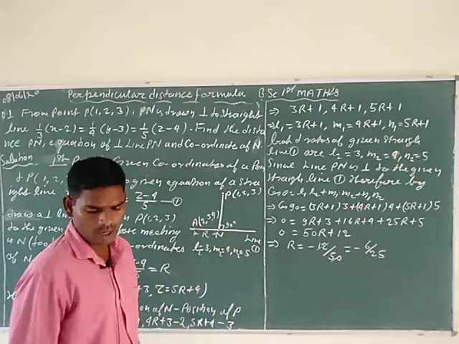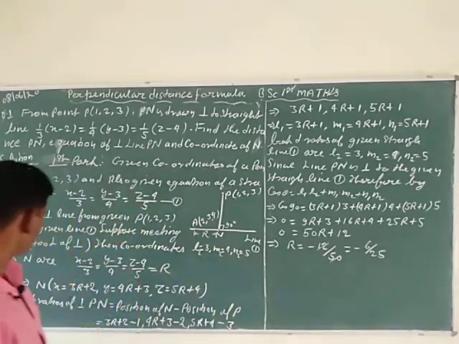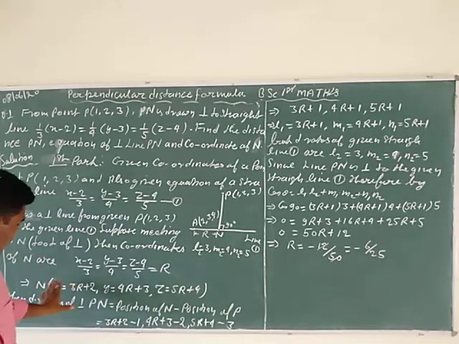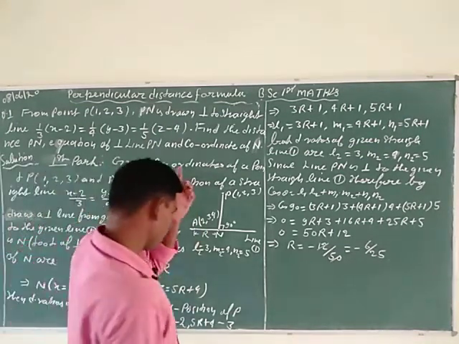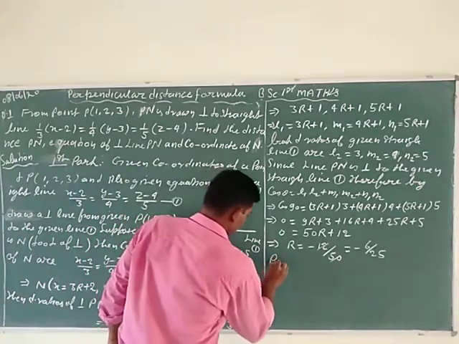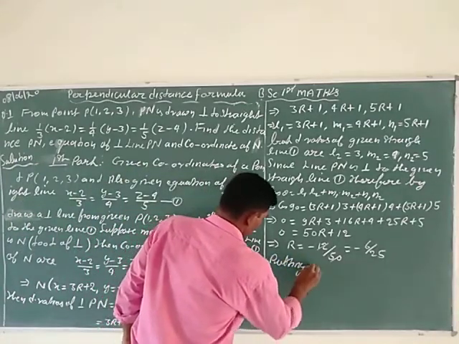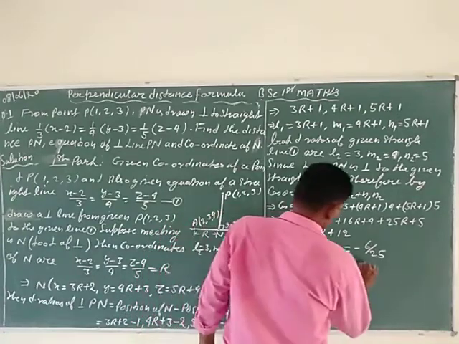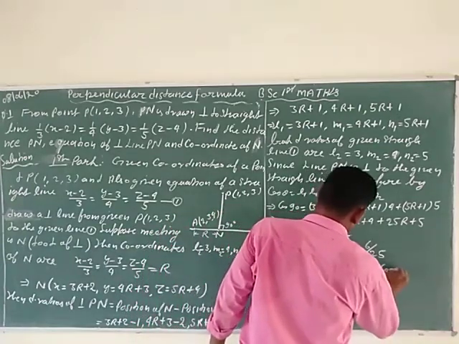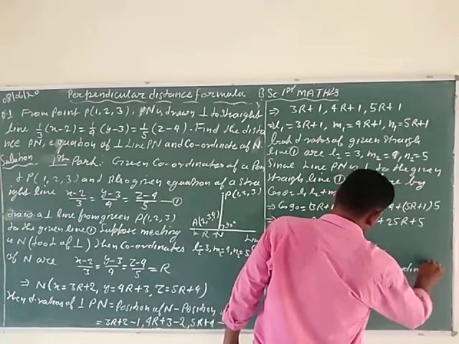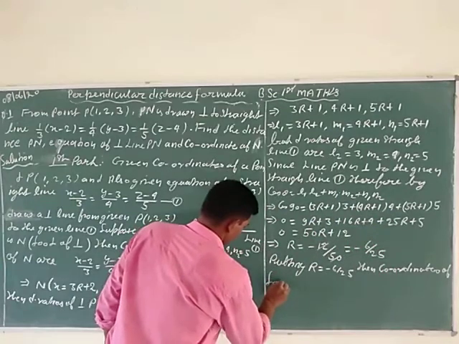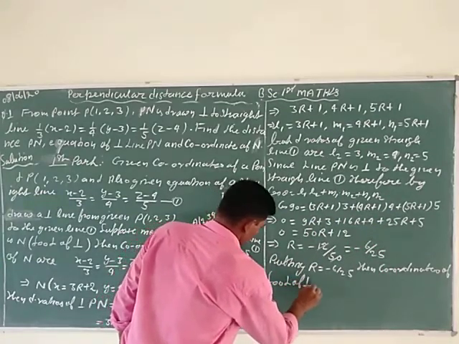If we put the value of R in the coordinates of N, which contain the unknown R, then we can calculate the exact coordinates of N. Therefore, putting R is equal to minus 6 by 25, the coordinates of the foot of the perpendicular N.